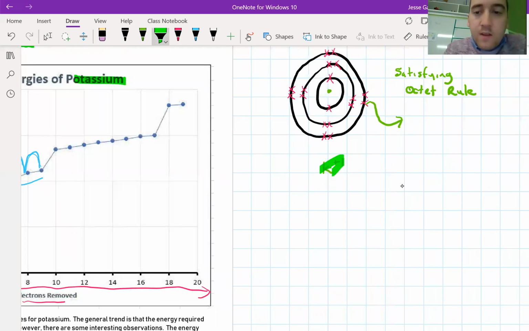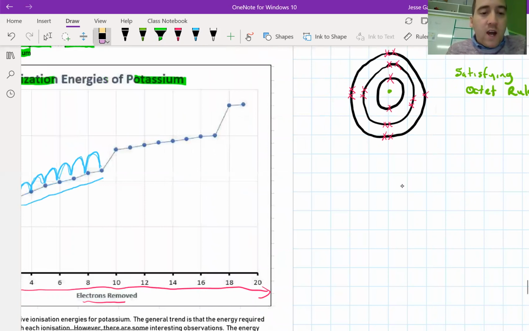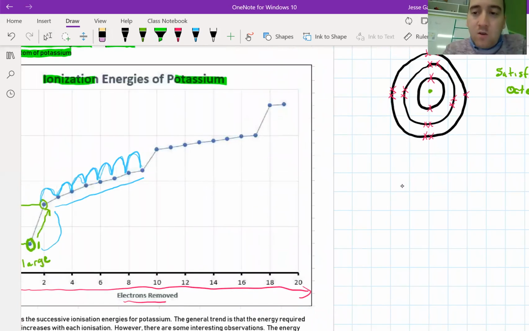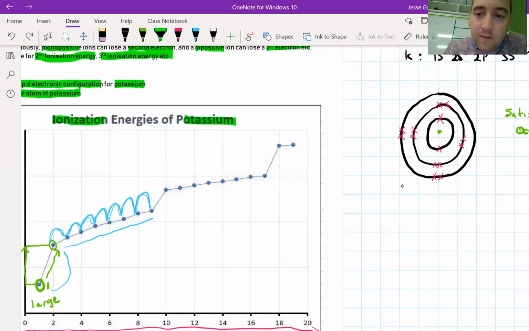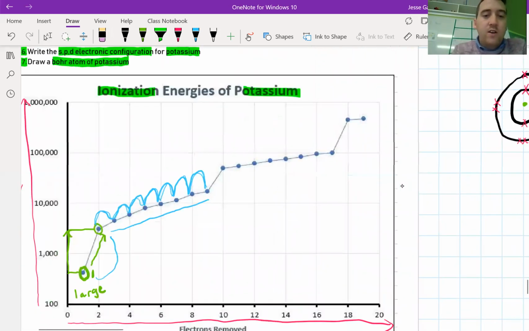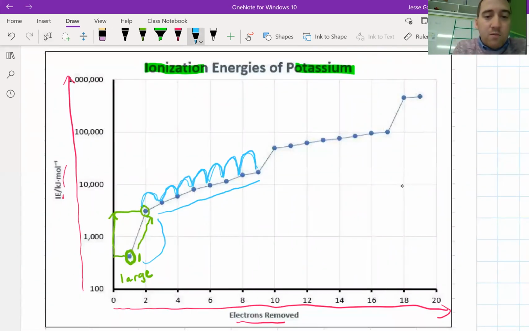That was quite hard to do. That's why there was this big jump. But now to remove the next 1, 2, 3, 4, 5, 6, 7, to remove those 7, it doesn't take too much energy, which is why all of these are pretty much the same value. It's just a slightly steady increase.